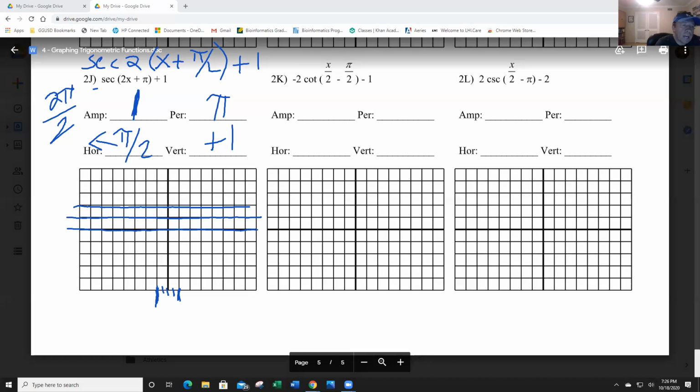And cosine. Cosine starts at its max, ends at its max. So I'm going to go max, mid, bottom, back to the mid, up to the max. So it's looking like this, okay? And at the midlines, which is really tough to get in there, I'm putting those asymptotes.